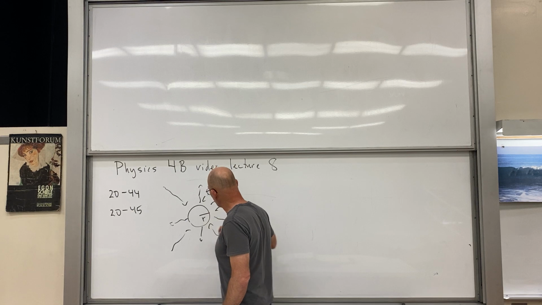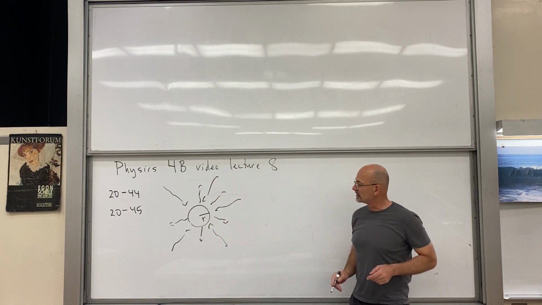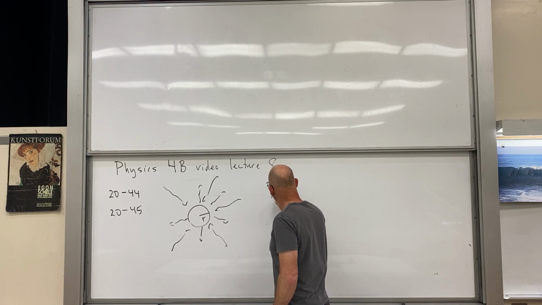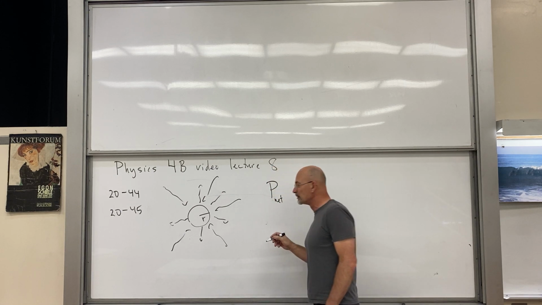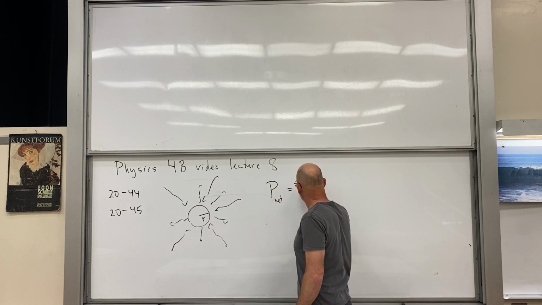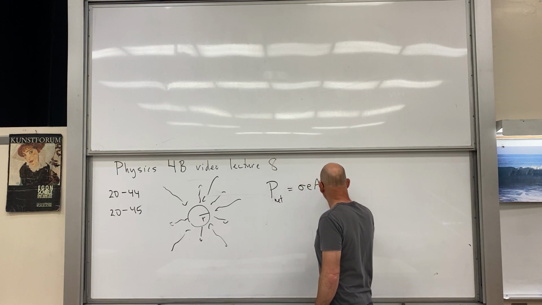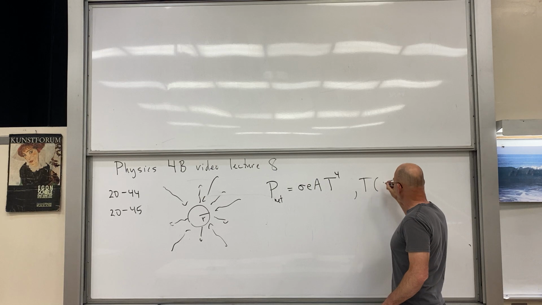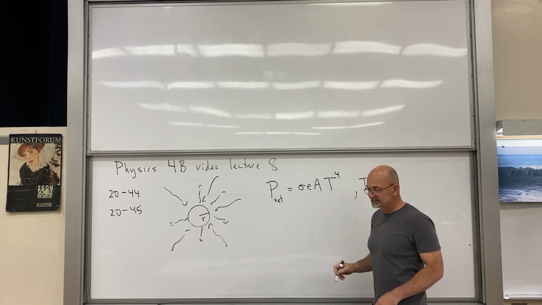So we've got radiation coming in and going out. The net power being radiated, absorbed and radiated, is sigma E A T to the fourth, where the temperature is being measured in Kelvin.